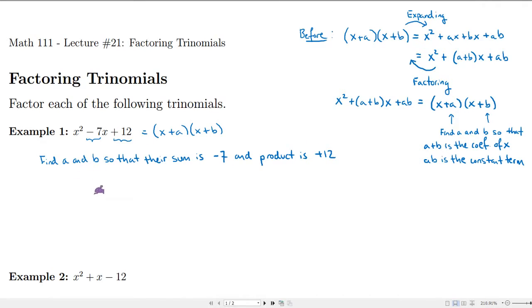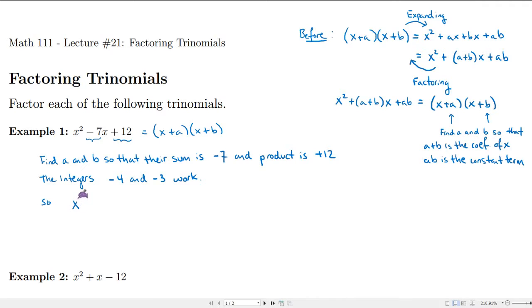And what integers work for that? Well, the integers negative 4 and negative 3 work, right? The sum of negative 4 and negative 3 is negative 7, and the product of negative 4 and negative 3 is positive 12. So this means that our a is negative 4 and b is negative 3.